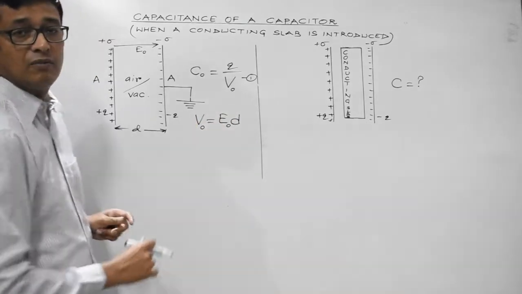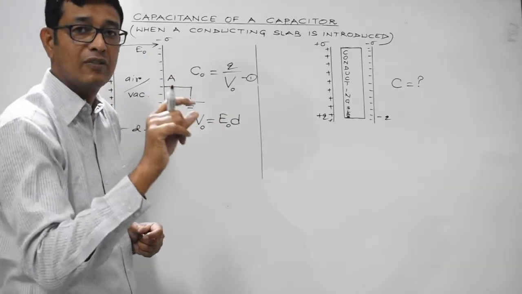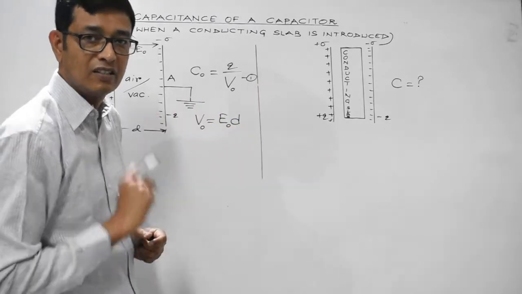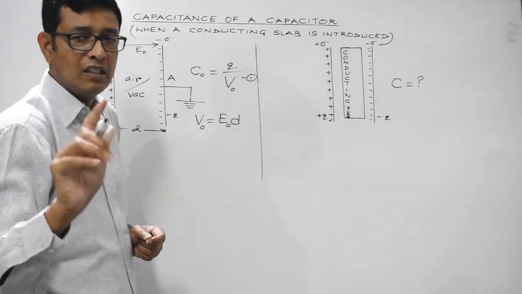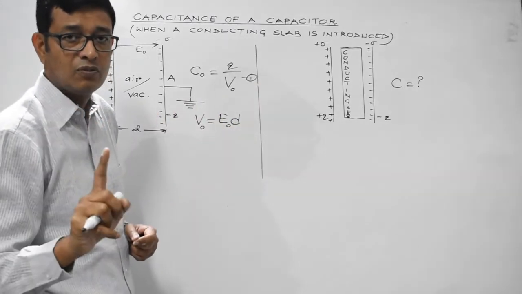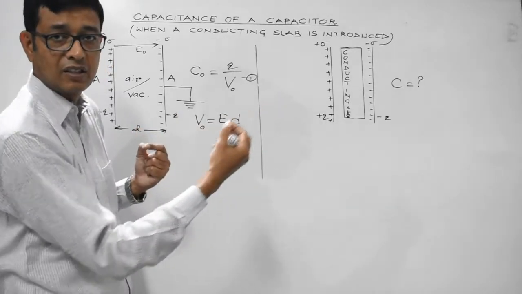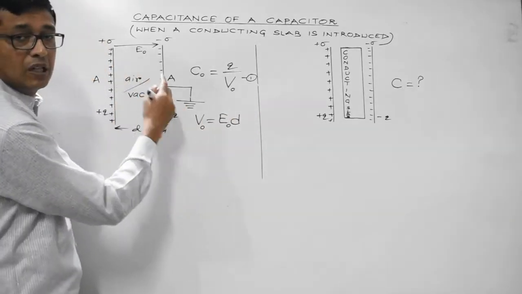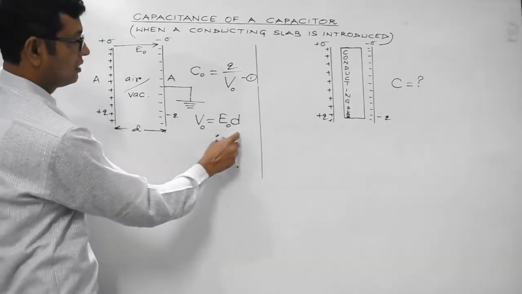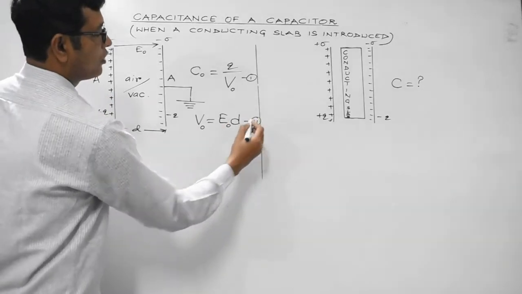Now this formula has come from the concept of electric field as negative potential gradient. So remember, in case electric field is uniform, then the potential difference across the plates is given by the strength of the electric field multiplied by the distance between the two plates. Put this as equation 2.